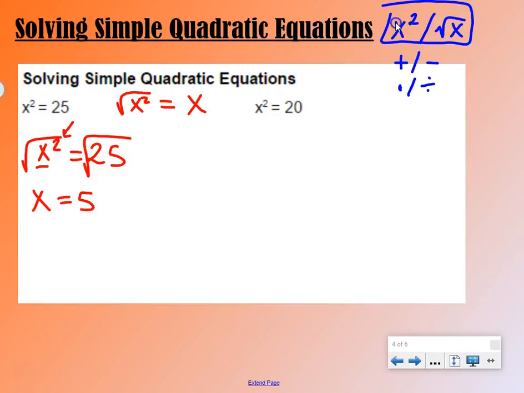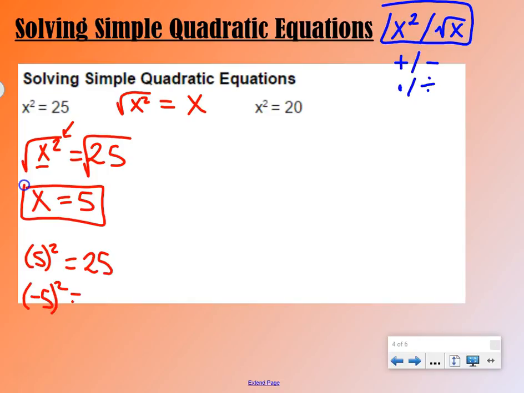However, we have another case. If we think about it, there is another answer. One answer is positive 5. However, if we put 5 in for x, 5 squared equals 25, there's also another case, and that's the negative case.